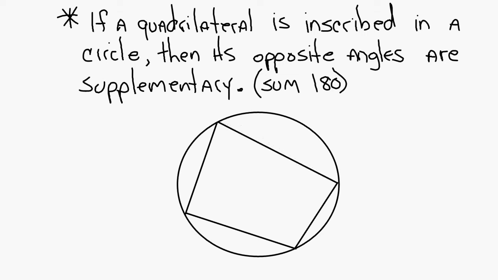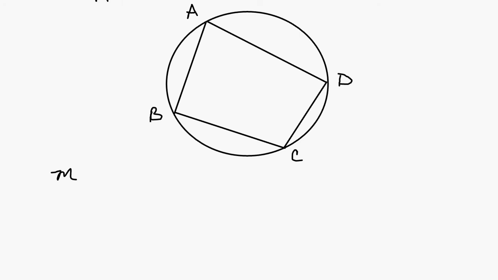Call this quadrilateral ABCD. Now, since it's a quadrilateral and it's inscribed in a circle, that means the measure of angle A plus the measure of angle C has to equal 180.